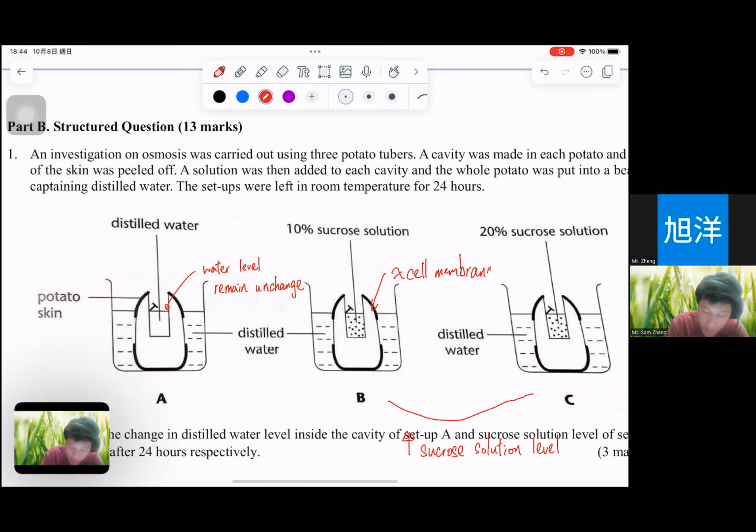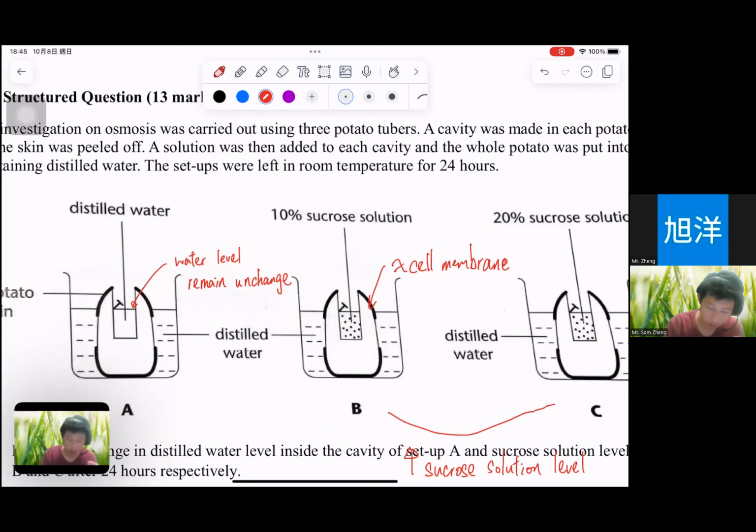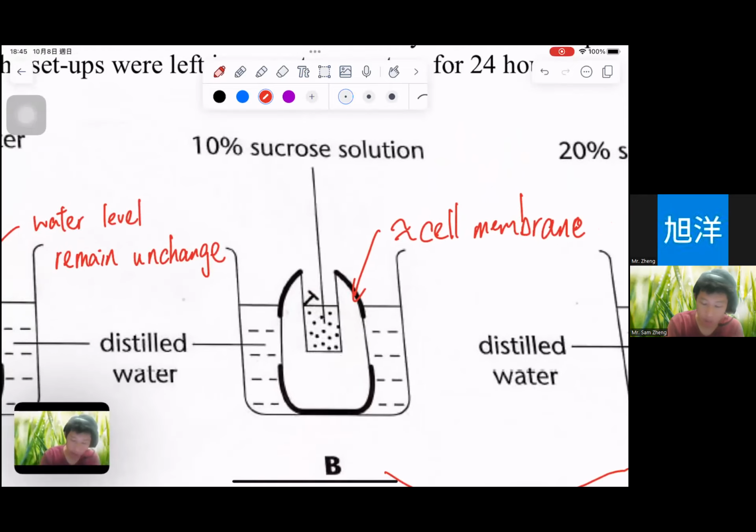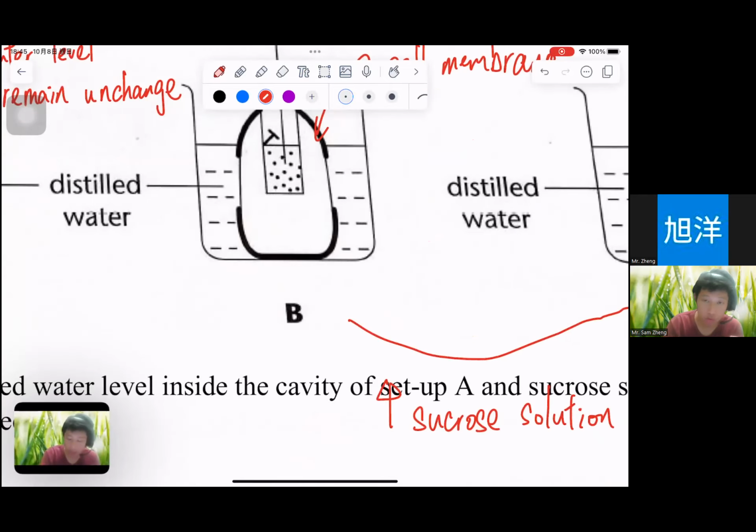However, if you still remember, in the potato there are potato cells. Inside the potato, each potato cell has a cell membrane. And how come there will be an increase of sucrose solution?